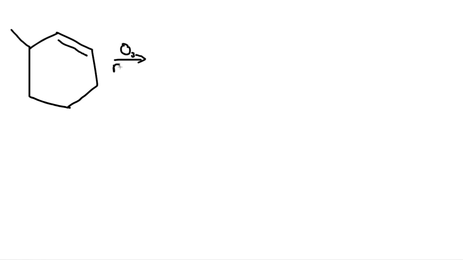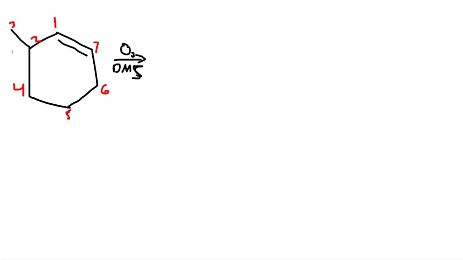Let's try another problem. For this, we drew the double bond over here, and this was undergoing a reaction with O3, DMS. This is the reagent that we use for this. The first thing we want to do is number it. We have 1, 2, 3, 4, 5, 6, and 7. 7 carbons.